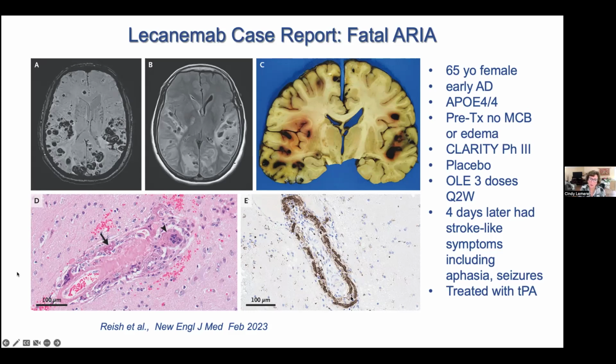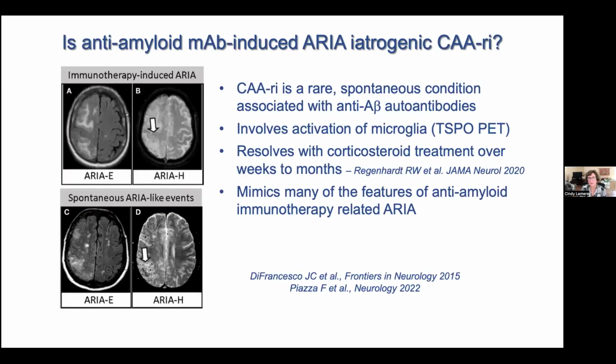And here, what was interesting is that the amyloid tended to be very broken up. Whether this is an attempt of the antibodies to clear the vascular amyloid or a side effect of all of the immune activation, we really don't know. But that's something we're hoping to understand better.